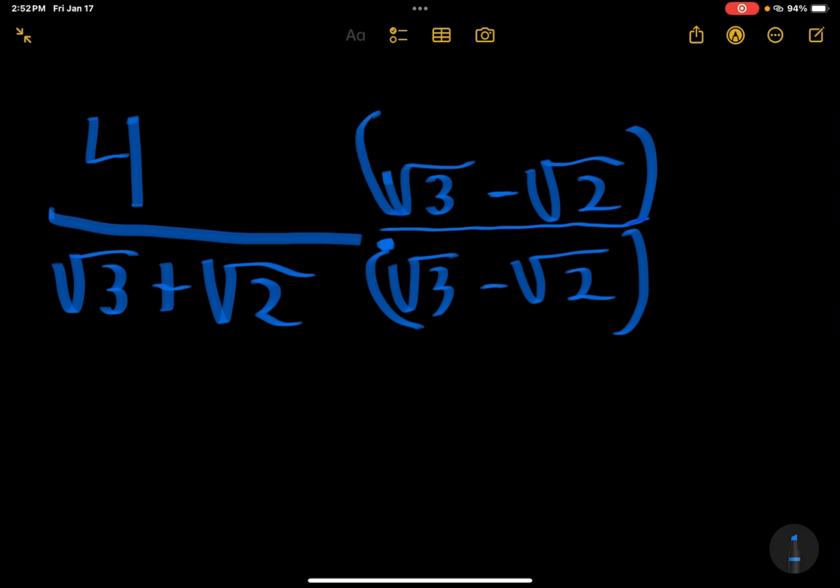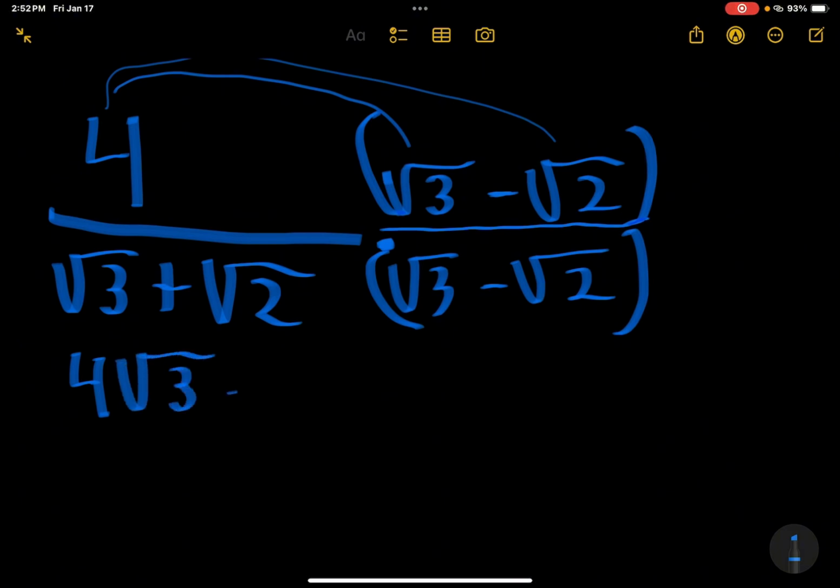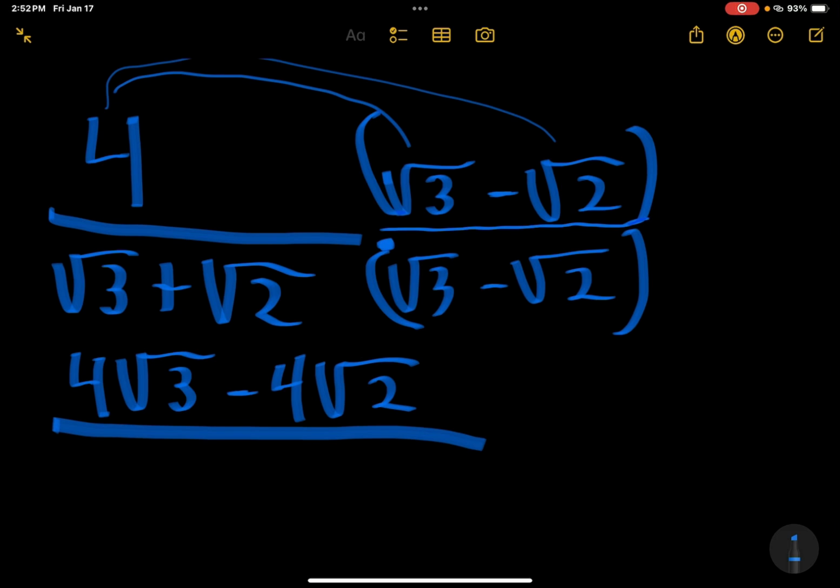And I'm going to do the top first. So the top, I'm just going to go 4 times square root 3 minus square root 2. So I'm going to do that right here. So it ends up being 4 square root 3 minus 4 square root 2. And then for the denominator, I'm going to use the difference of squares formula.